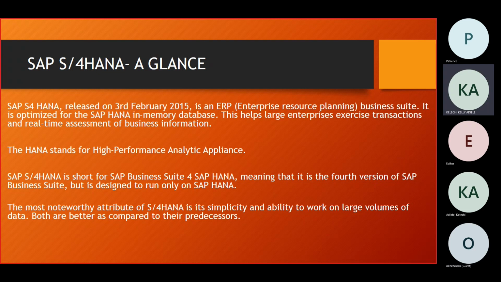So don't think that if you delete anything, and there is a case in court and they need to retrieve all your data, they can't do that. They can, because it is stored in the database. So in SAP, HANA is the database where all the information that is being posted is saved.